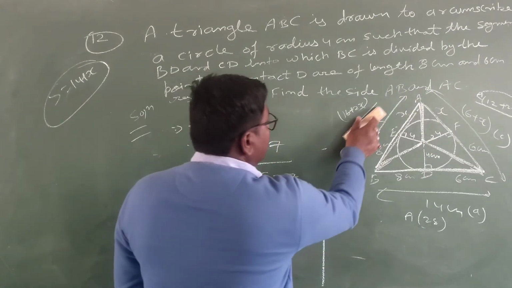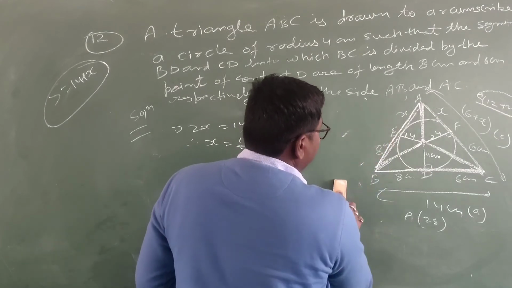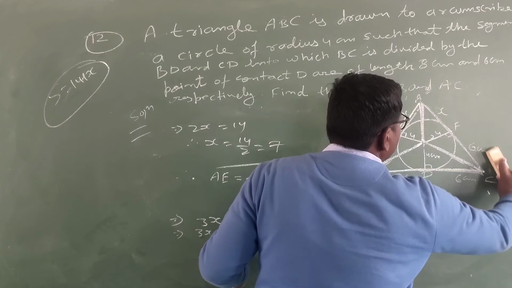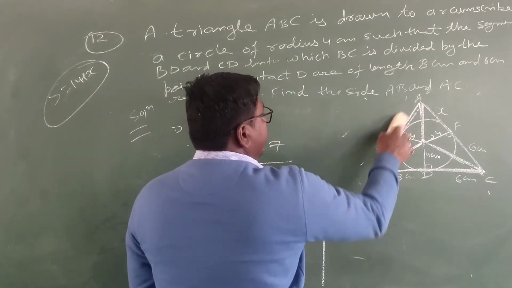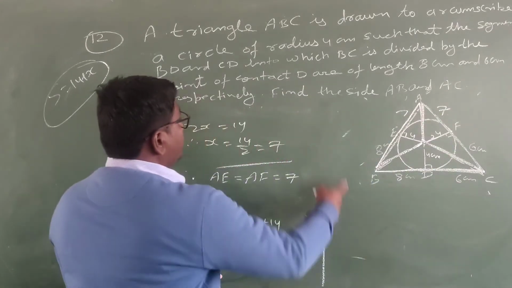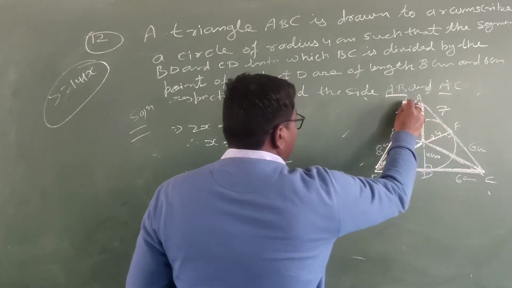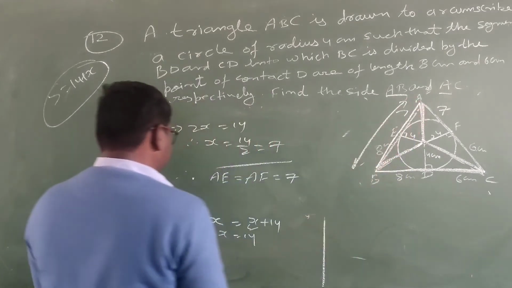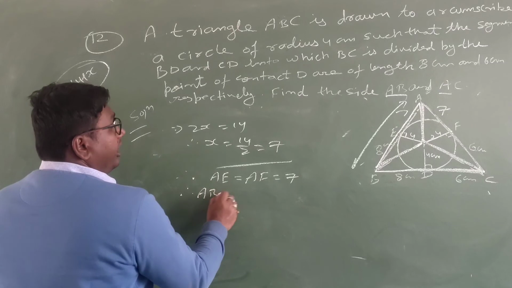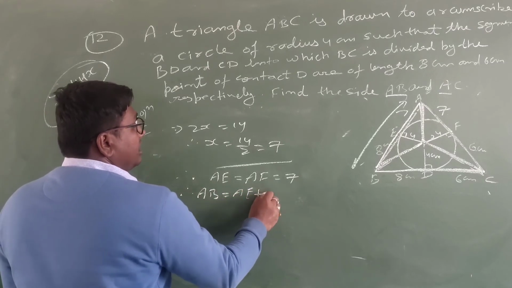So now I am erasing this off. No need to write like this. Now we have got 7 here, and this is also 7. Now what is to be found? AB and AC. Therefore AB will be written as AE plus EB.